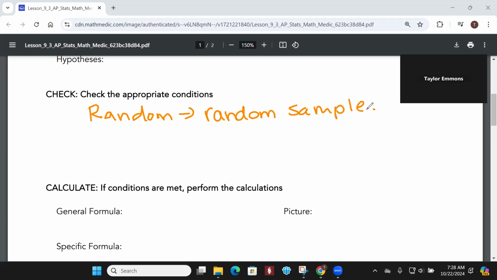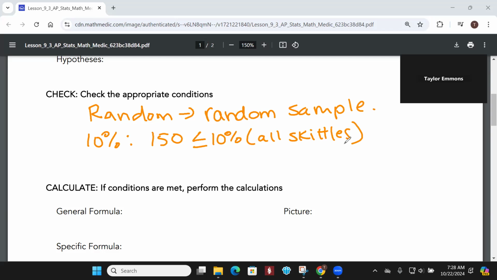That means that we can generalize to all Skittles, right? Now for 10%, that's 150, which is less than or equal to 10% of all the Skittles in the world. So sampling without replacement is okay.